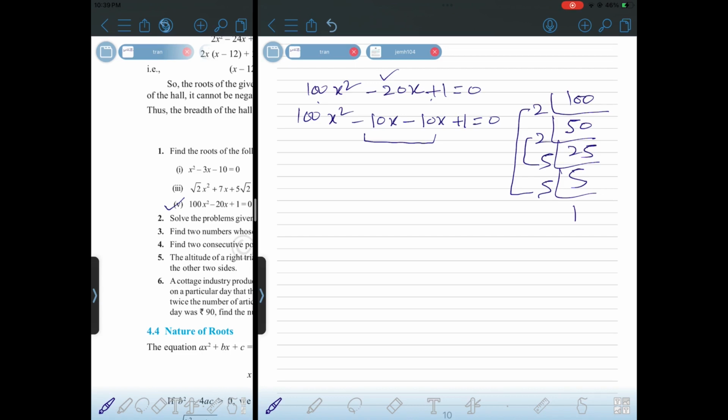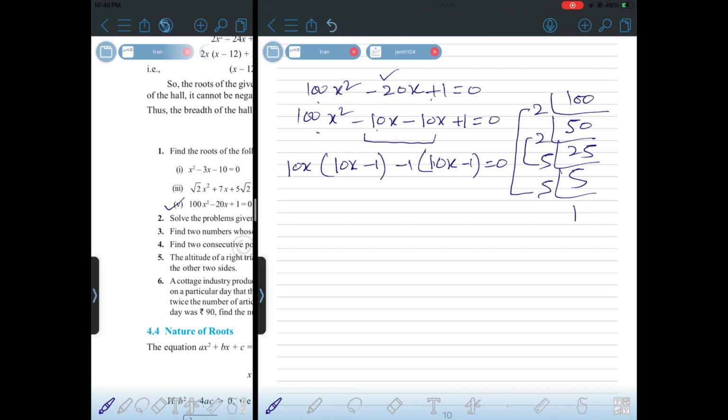So our condition is fulfilled. Now we can take 10x common from the first two terms, which gives 10x - 1. And here we can take -1 as common, so we get 10x - 1 = 0.